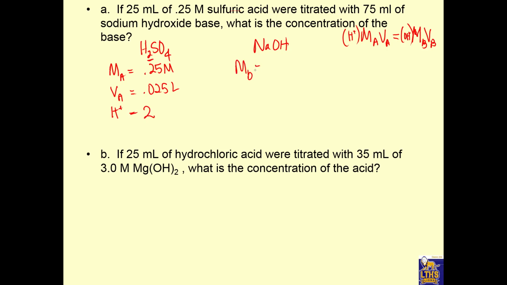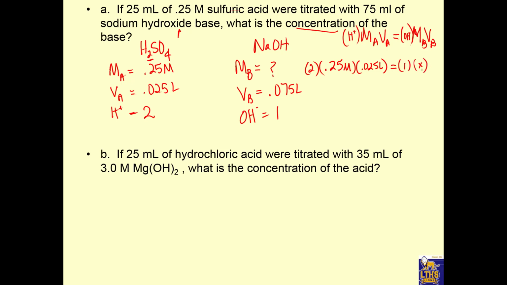The molarity of the base is what? I don't know. So the volume of the base, you could use capitals or lowercase, is 0.075 liters. And the number of OH minuses in the base, sodium hydroxide, NaOH is just 1. So then you plug it in, 0.25 molar times 2 H pluses, 0.25 molar, 0.025 liters is equal to 1 times, I don't know, X times 0.075 liters.